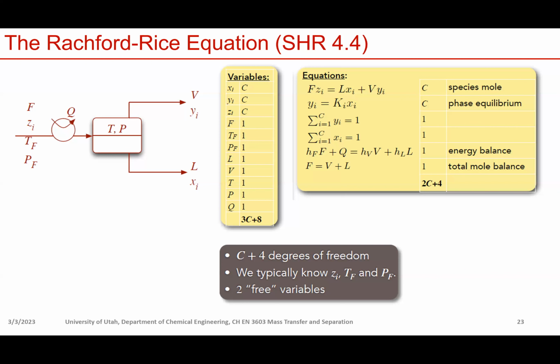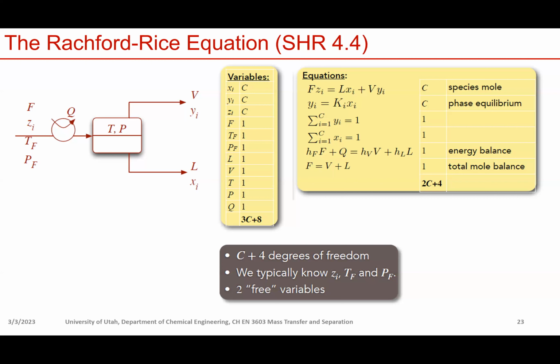Then you will find that the summation of Zi is 1, the summation of xi is 1, and the summation of yi is 1. You get F equals L plus V, so that's this one. Okay, so they are equivalent, but we don't include that equation because they are not independent conditions. Because you have one, you can derive the other. They don't provide unique information, so we only include one.